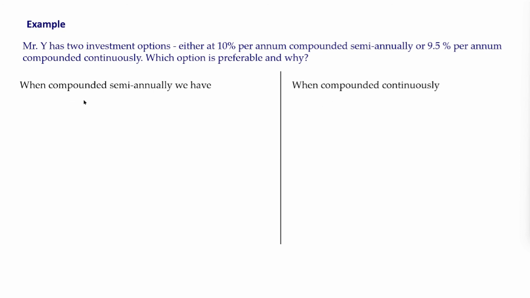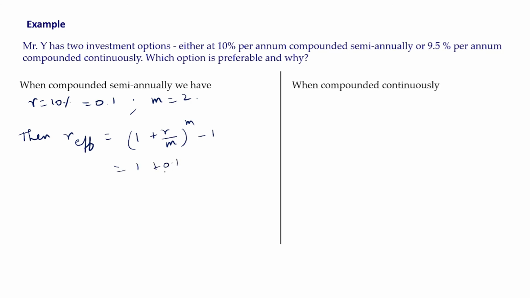So first, when compounded semi-annually, we have R is equal to 10% or it is 0.1. When it is compounded semi-annually, then we have M is equal to 2. Then R effective is equal to 1 plus R by M the whole raised to M minus 1.